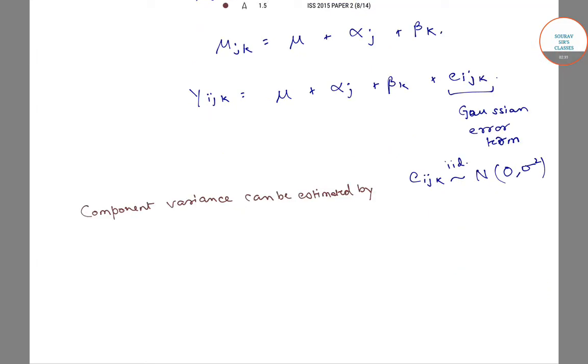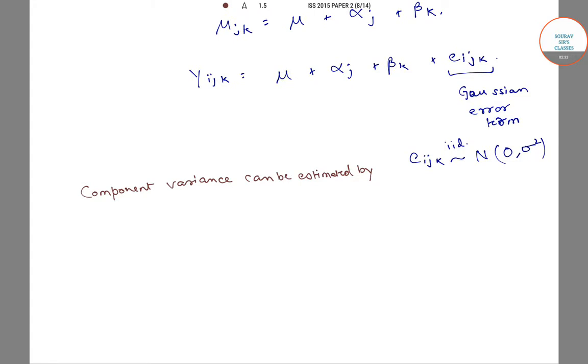Now the variance components can be estimated by the following. First one is SST, that is the total sum of squares.